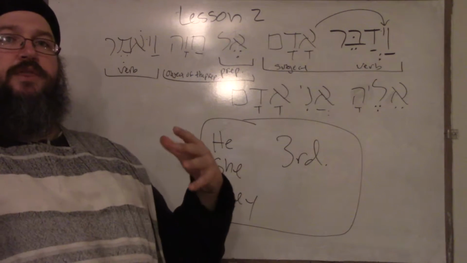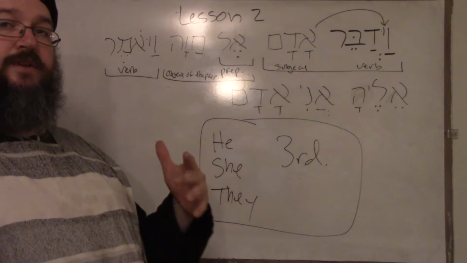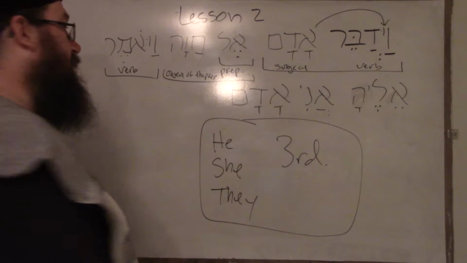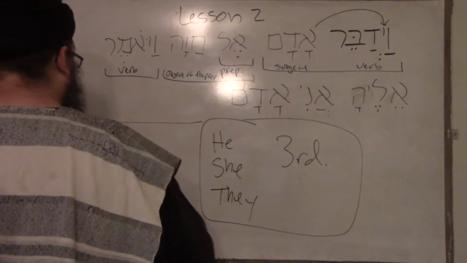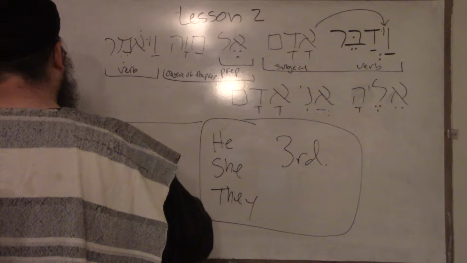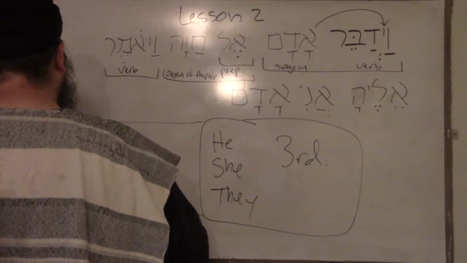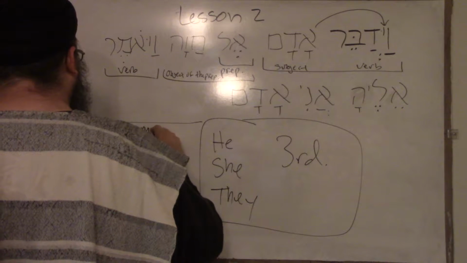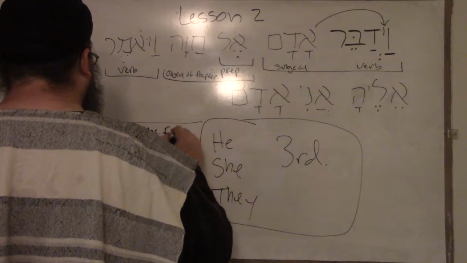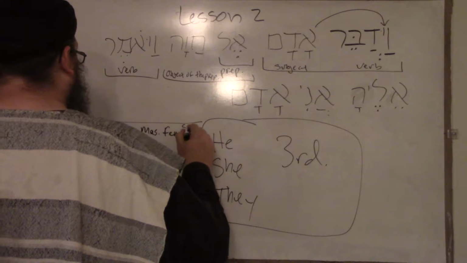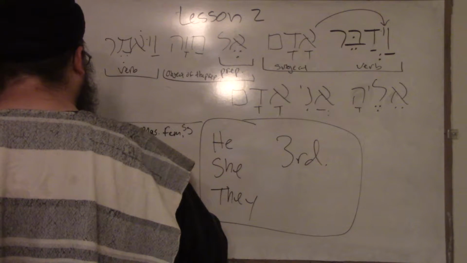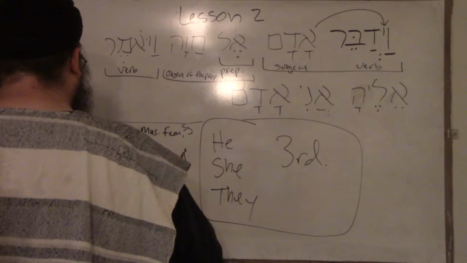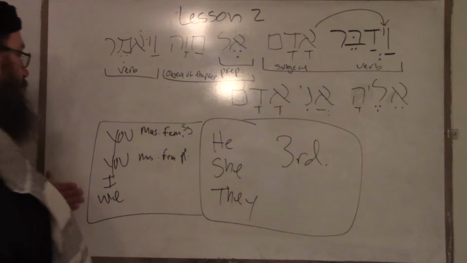The only time that third person changes is when the person is speaking. And then when the person's speaking, we go from that to you, I, we. We're going to the feminine and the masculine singular forms, the masculine and the feminine plural forms, and of course the I and the we.